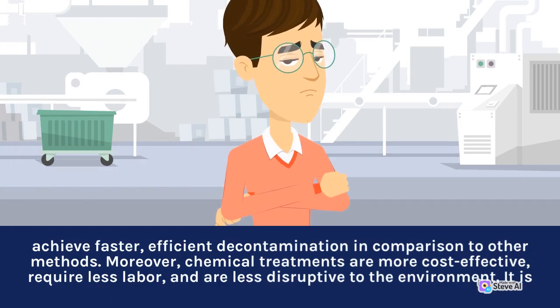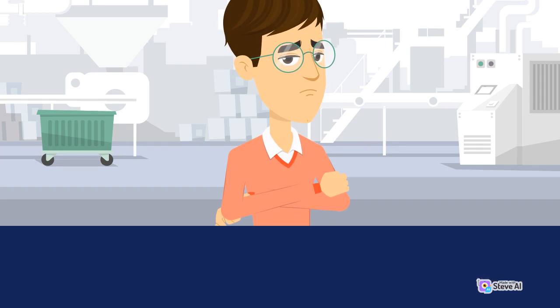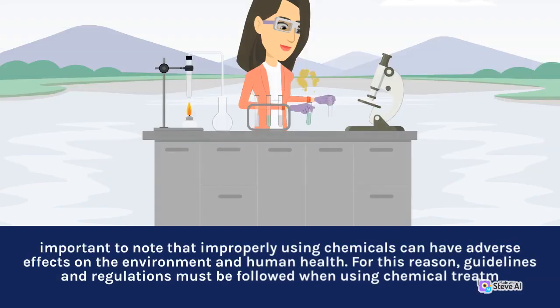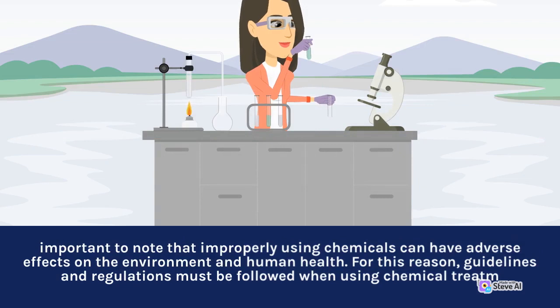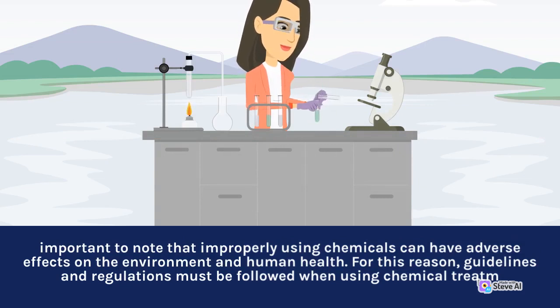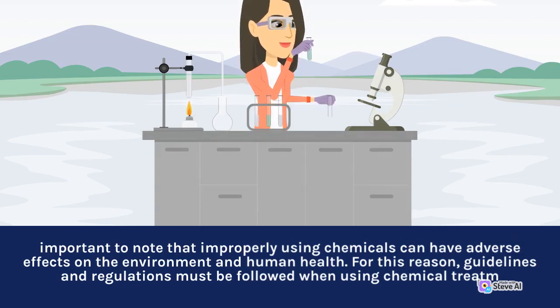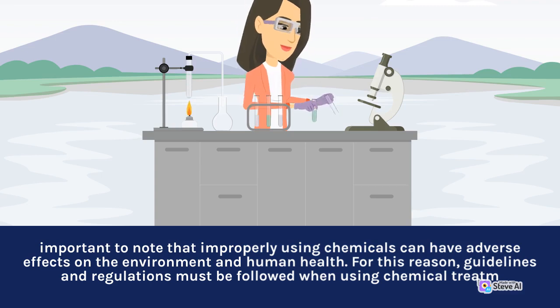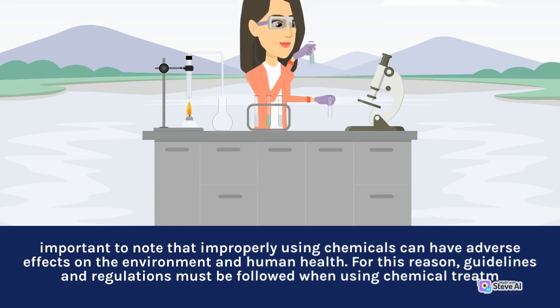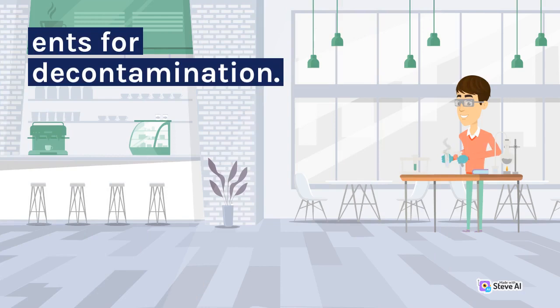Moreover, chemical treatments are more cost-effective, require less labor, and are less disruptive to the environment. It is important to note that improperly using chemicals can have adverse effects on the environment and human health. For this reason, guidelines and regulations must be followed when using chemical treatments for decontamination.